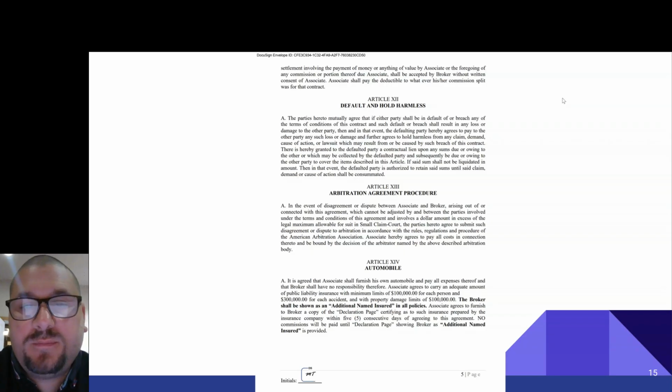In the event of a disagreement or dispute between associate and broker arising out of or connected with this agreement, which cannot be adjusted by and between the parties involved under the terms and conditions of this agreement, and involvement of dollar amount in excess of the legal maximum allowable for suit in small claims court, the parties hereto agree to submit such disagreement or dispute to arbitration in accordance with the rules, regulations, and procedures of the American Arbitration Association.